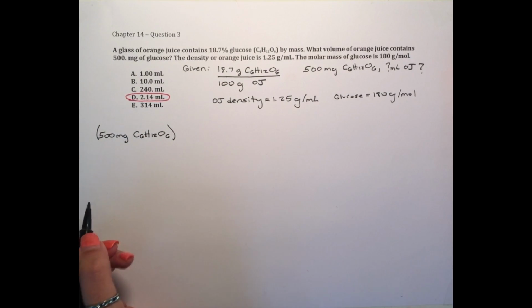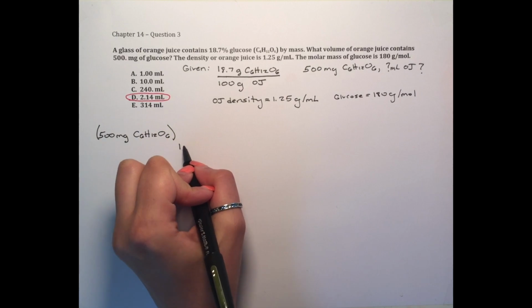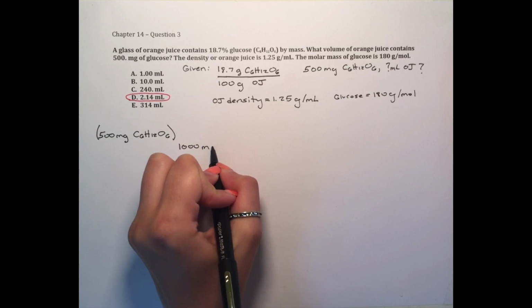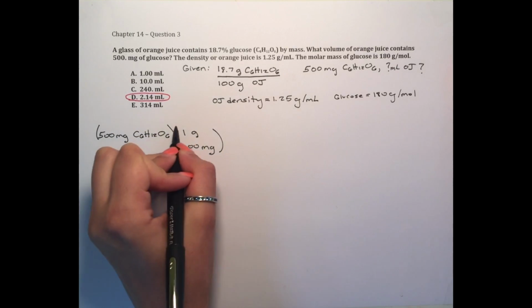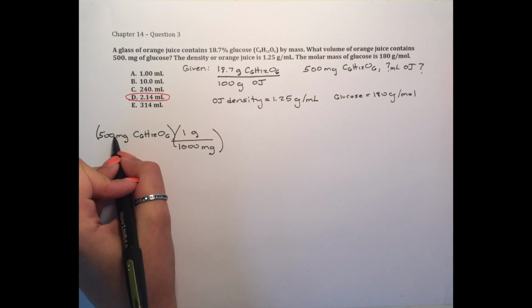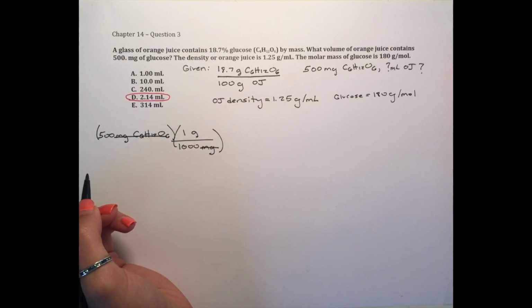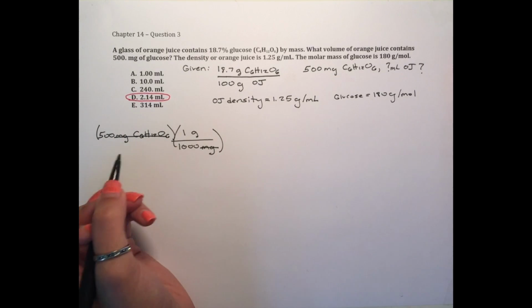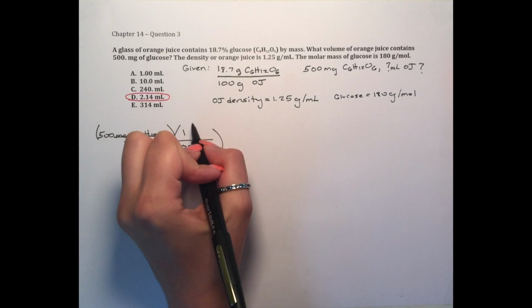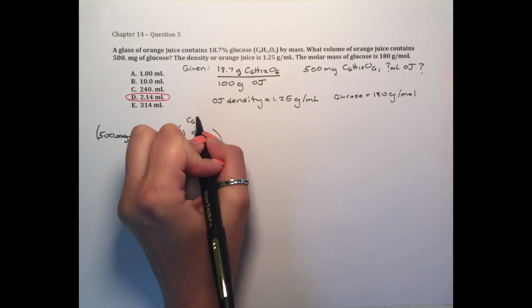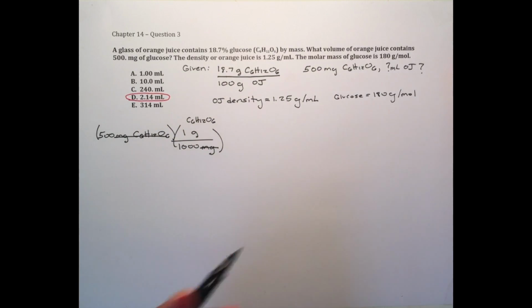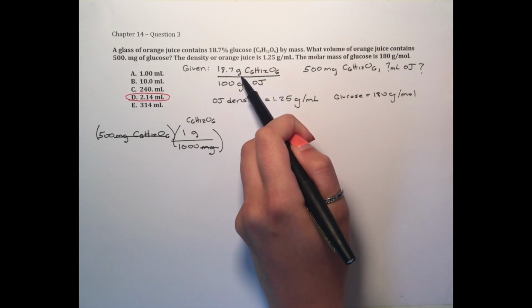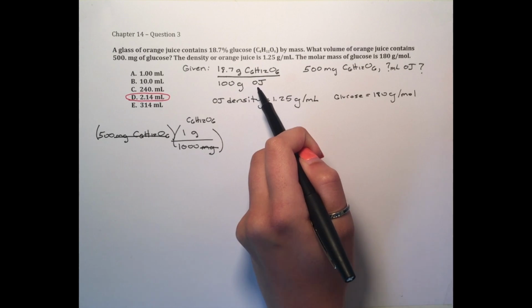And let's convert from milligrams to grams. So there are 1,000 milligrams in 1 gram. Cross out these units. Milligrams cancel out. So now we have 1 gram of glucose. We know that for 18.7 grams of glucose, we have 100 grams of orange juice.